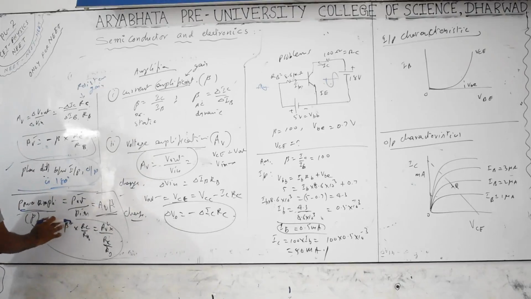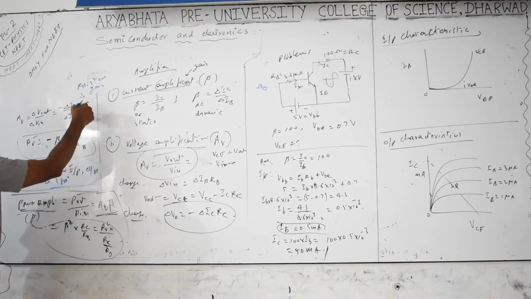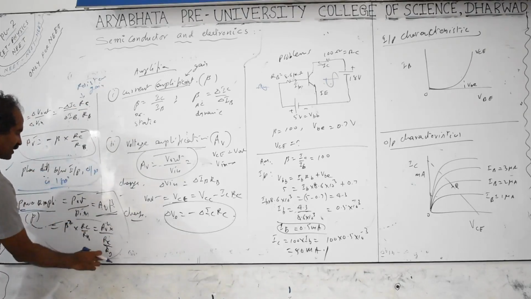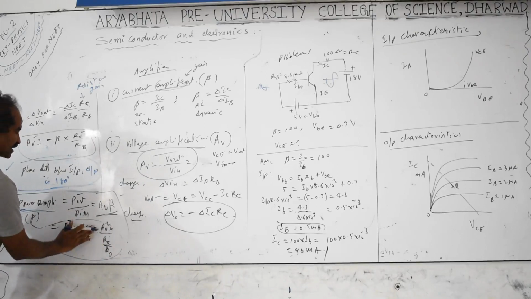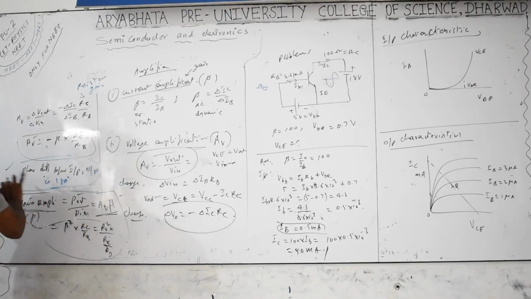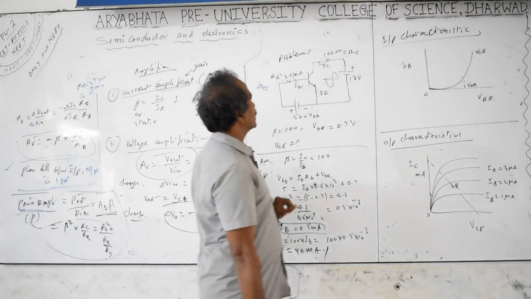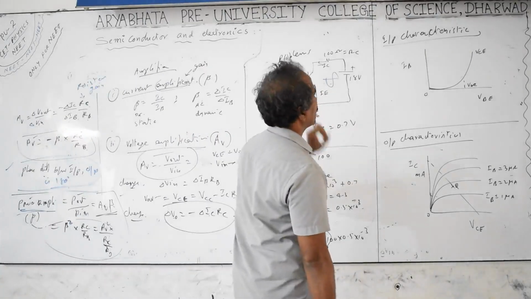Or we can write I square R as beta square into resistance gain RC by RB, or V square by R as AV square by resistance gain. These are not important ones; most probably they don't ask about power. They generally ask about calculation of the base current, collector current or emitter current.